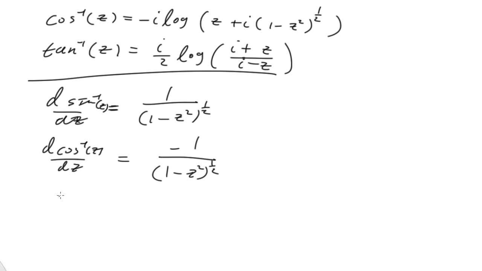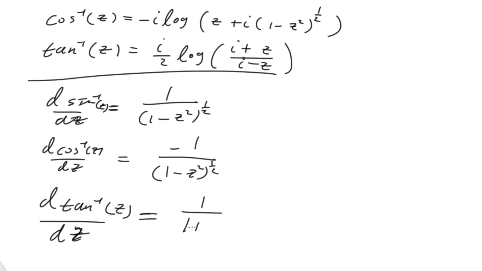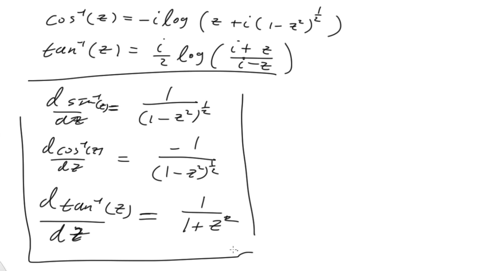And likewise, and probably more famously, tangent inverse of z, which gets more attention because it's used so often to find angles, has derivative 1 over 1 plus z squared. Okay, right. So those are the classic results that we get, and they are very standard. They're what we've learned from real variable calculus.